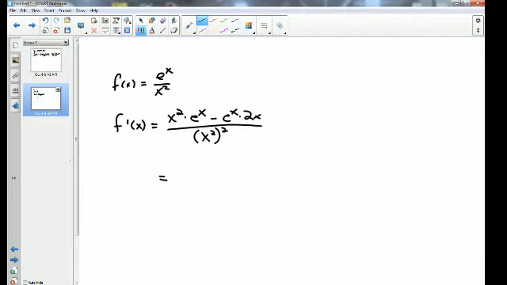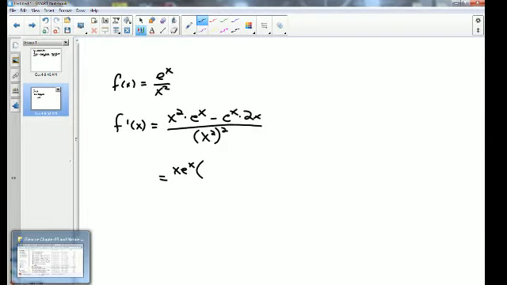Question, isn't x squared just copied though? But isn't that supposed to be the derivative in the front? It doesn't matter. You can write this e to the x times x squared. It's the same thing. Multiplication is commutative.